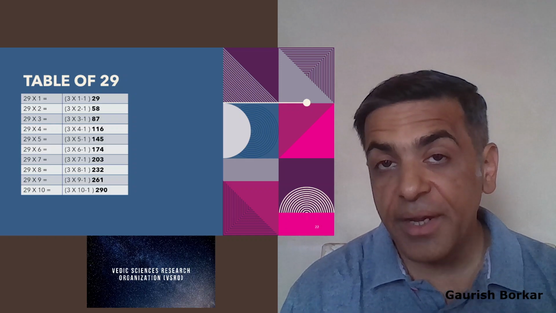Now let's look at the table of 29. We are going to use the same formula. We know the number next to 29 is 30 and the tens place digit in 30 is 3. So we are going to use 3's table, and I am sure that you know 3's table.